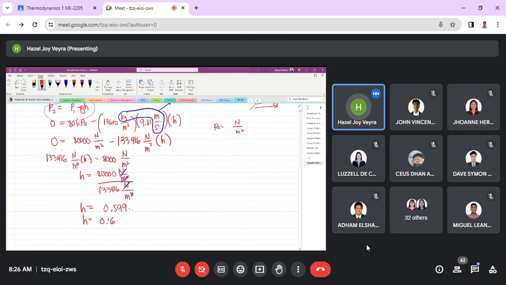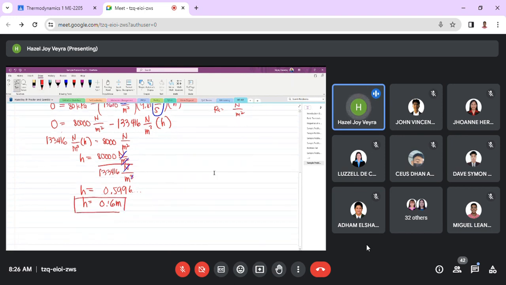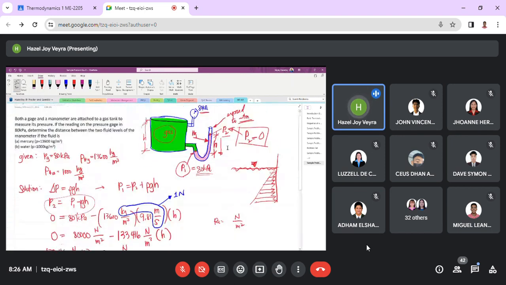So, we'll have 0.6 meters. Ito yata is 6 something. So, meaning class, if mercury yung ginamit dito na fluid, your height difference between point 1 and point 2 is 0.6 meters.